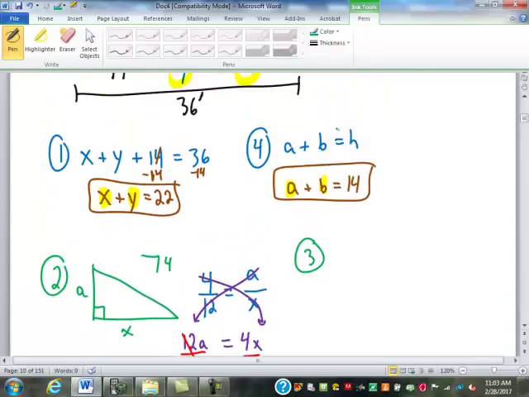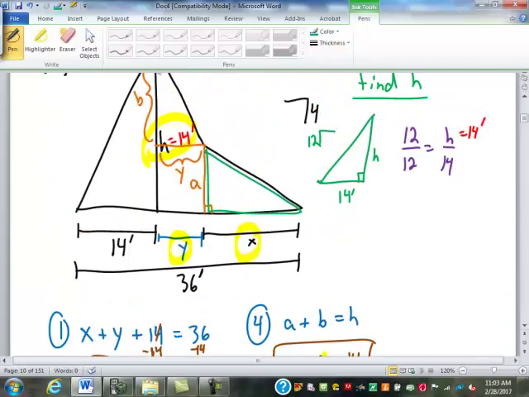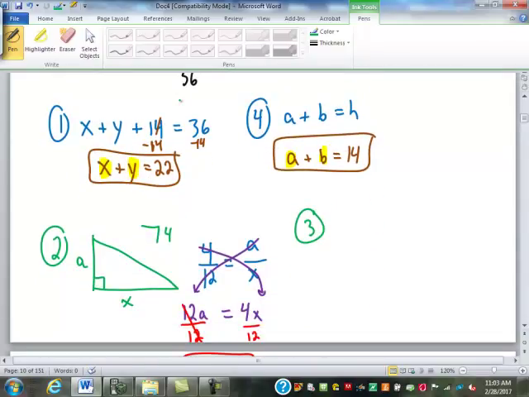To find equation number 3, I'm going to look at this triangle up here. That triangle has a 12-12 slope. This is b and this is y. So I have 12 over 12 equals b over y.